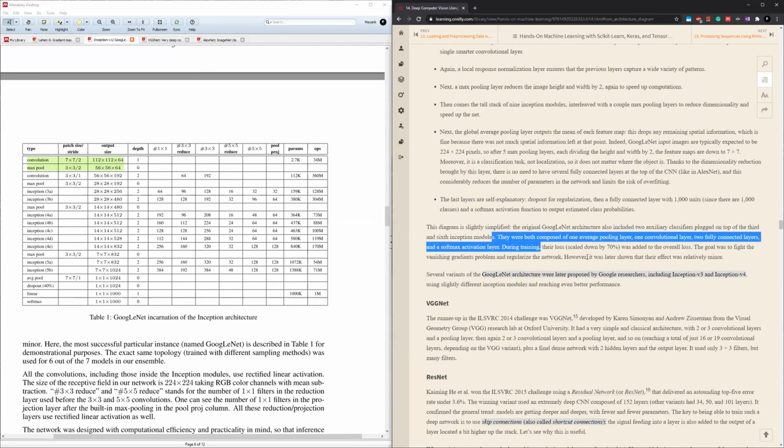So here they describe the loss in the empirical formulations, which they have scaled down by 70% to make it computationally feasible.